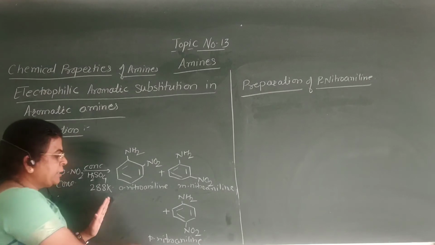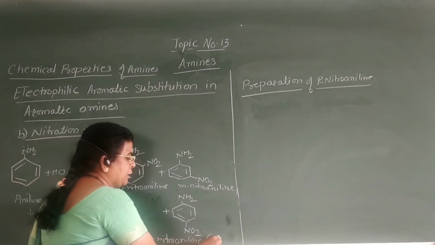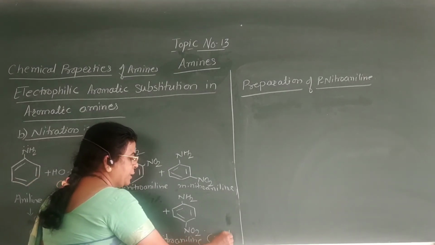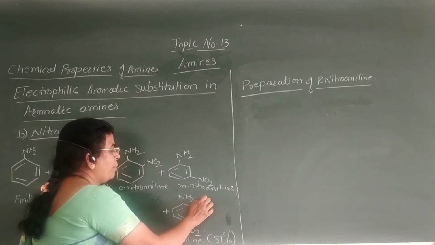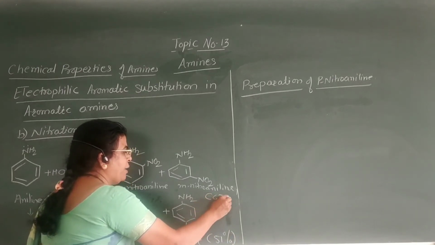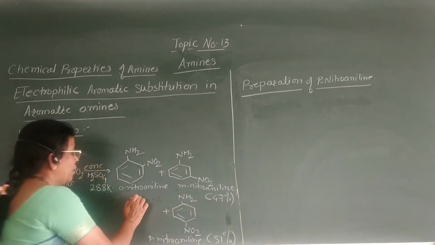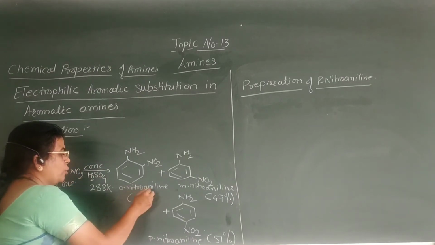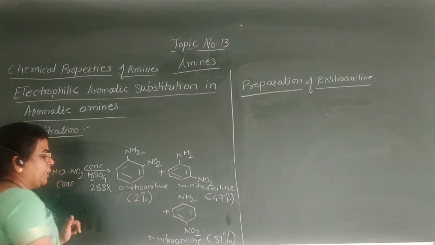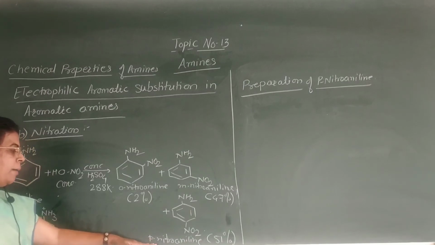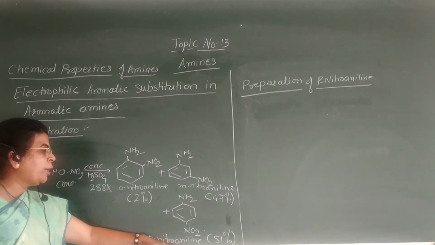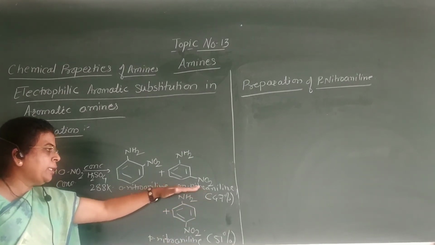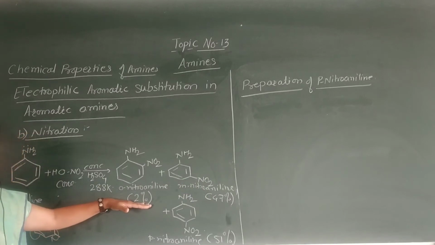Here the percentage of paranitroaniline is 51%, that of metanitroaniline is 47%, and the percentage of orthonitroaniline is only 2%. That is, here the major products are paranitroaniline and metanitroaniline. Orthonitroaniline is a minor product.